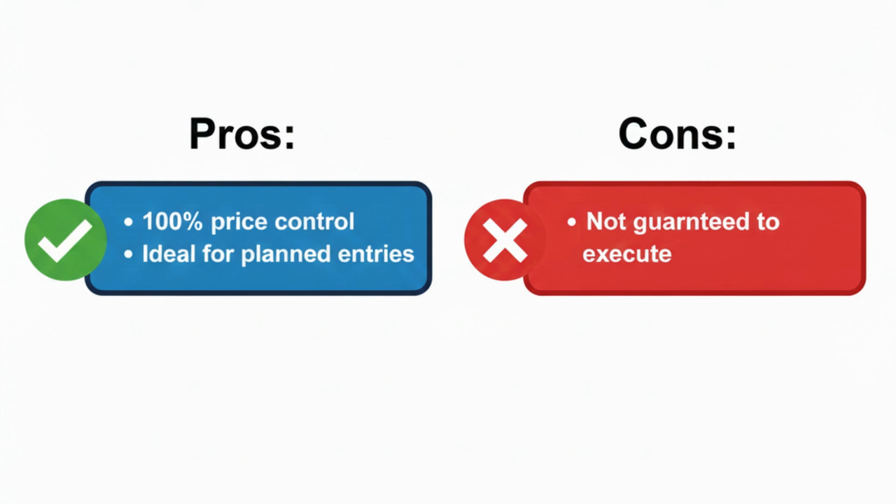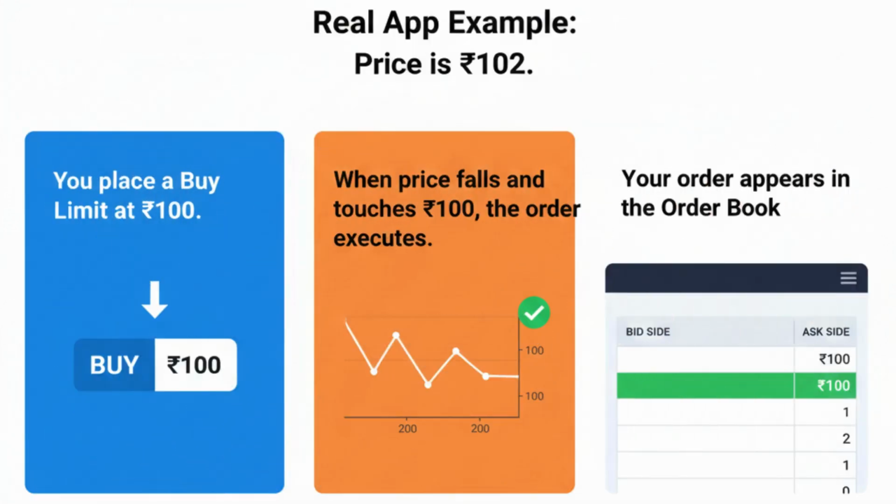Ideal for planned entries. Cons: not guaranteed to execute. Real app example. Price is 102 rupees. You place a buy limit at 100 rupees. When price falls and touches 100 rupees, the order executes. Your order appears in the order book at 100 rupees on the bid side.